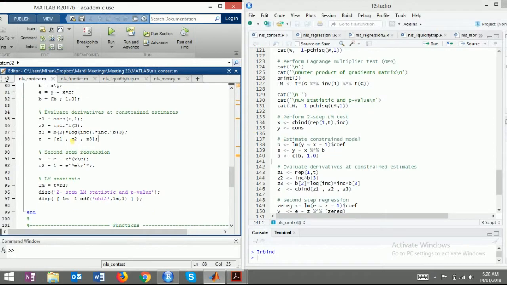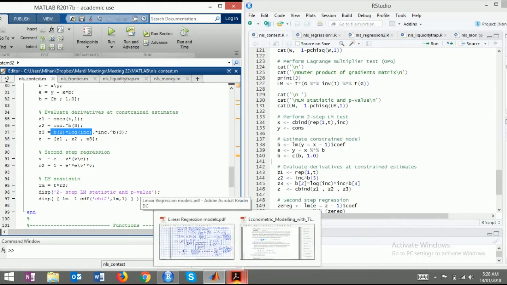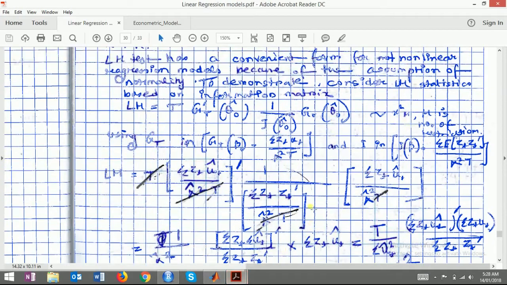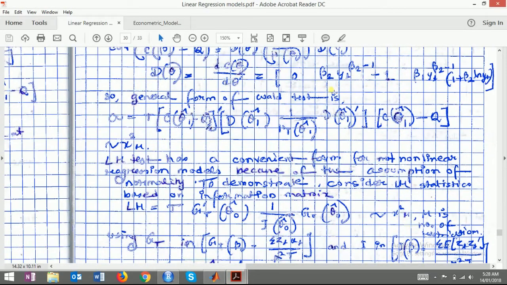Z3 is beta 2 log of income into income to the power beta 3, beta 2 log of income, beta 2 yt, beta 2 minus 1, beta 1 yt, beta minus 1 plus beta 2.